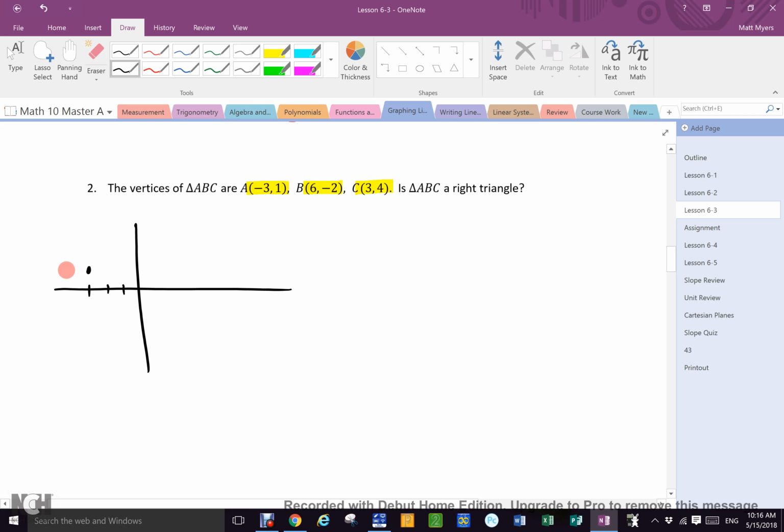Does everyone agree that that's A? Negative 3, 1. Everyone agree? Okay. Where's B? 2, 3, 4, 5, 6, and down 1, 2. Does everyone agree that that's B?